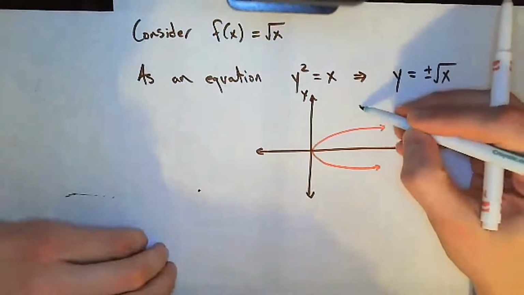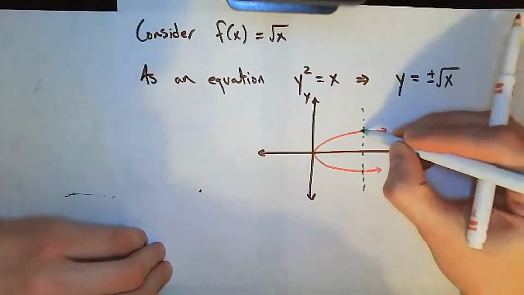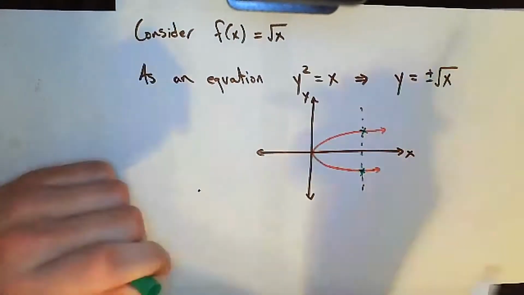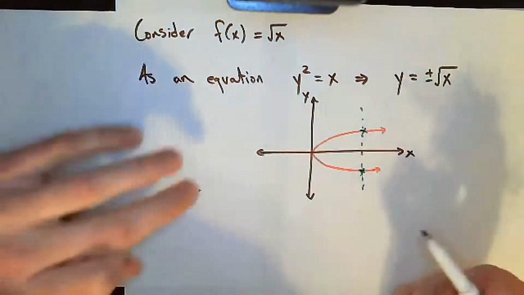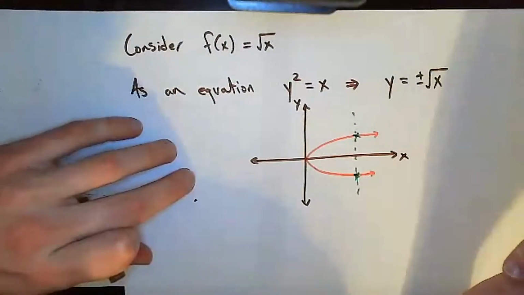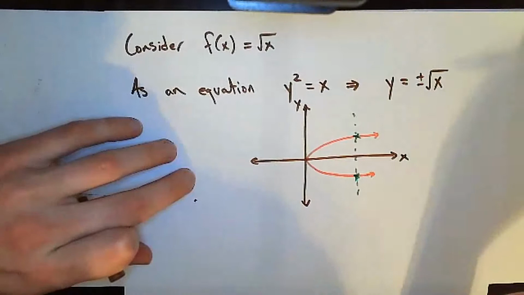It's not a function because it breaks the vertical line test, or it fails the vertical line test, right? So when we decide to talk about the square root of x as a function, we all agree to not take the negative values that it can possibly output.